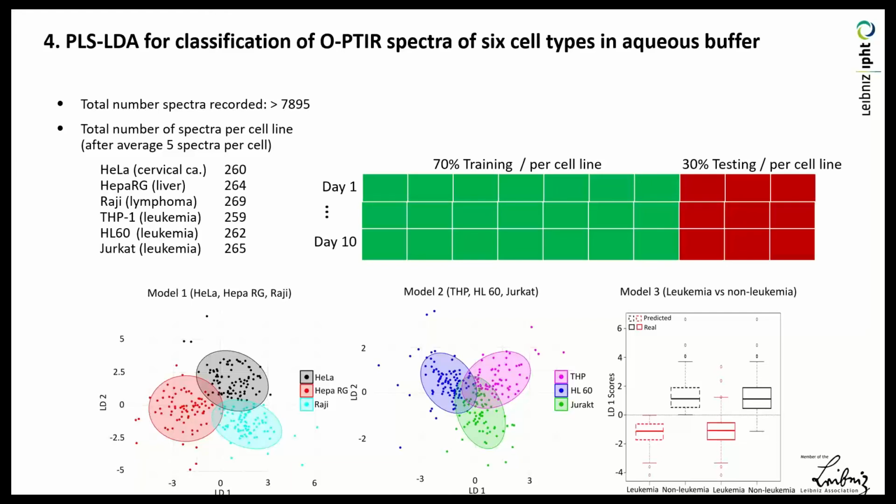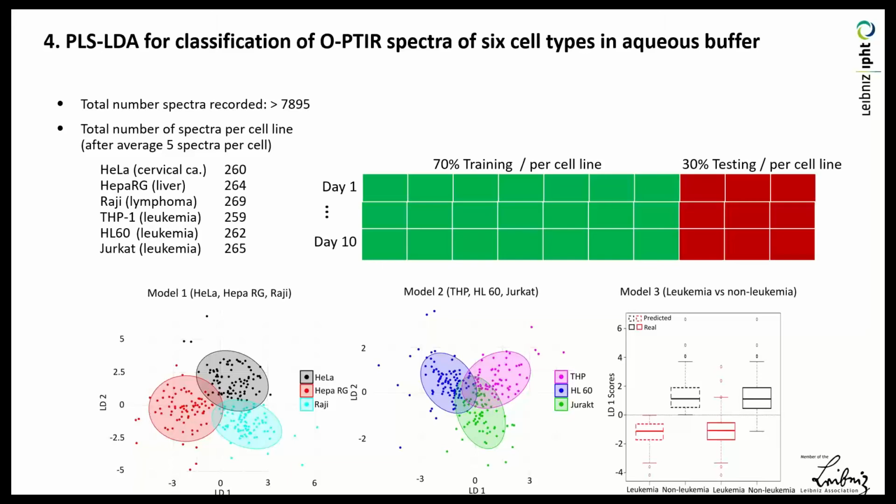That means 5 spectra per cell, and altogether approximately 260 cells for these HeLa cells, cervical carcinoma, this HepG2 cell, liver cell, Raji cell, which is a lymphoma cell line, THP1, HL60, and Jurkat cell. These are all leukemia cells. Data were collected on 10 days, and on every day students collected data from these 6 cell types.